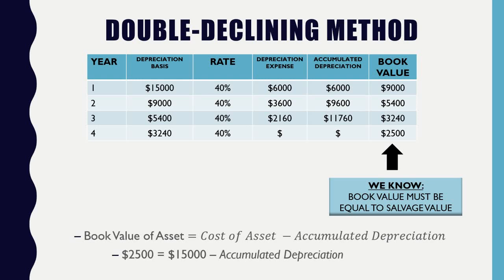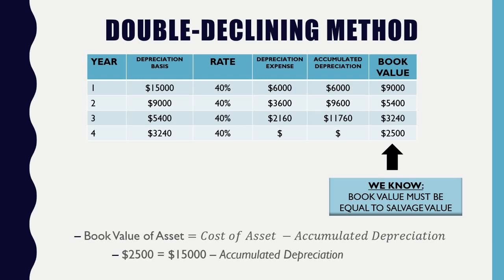Now, because of this, we need to work backwards, okay? We have the numbers that we need to be able to work backwards, right? Because the formula for book value is your cost of the asset minus your accumulated depreciation. So in order to solve for the accumulated depreciation, you're going to work backwards, because you already know what book value is, which is 2,500, and you already know that the cost of the asset is 15,000.